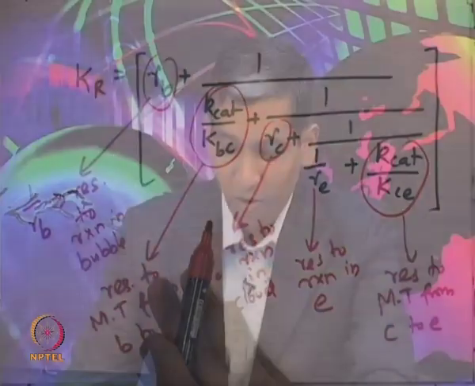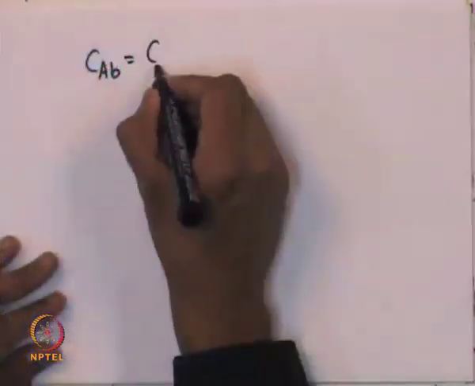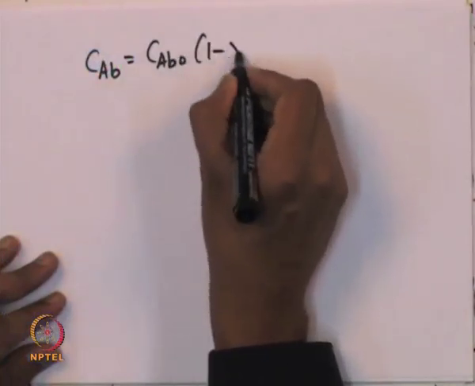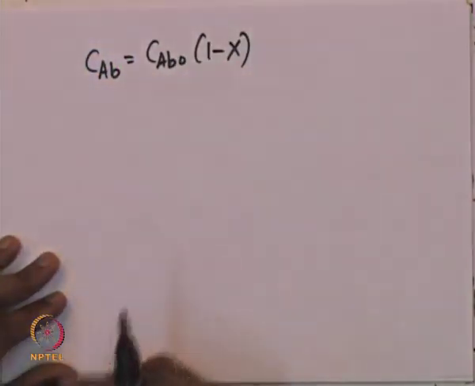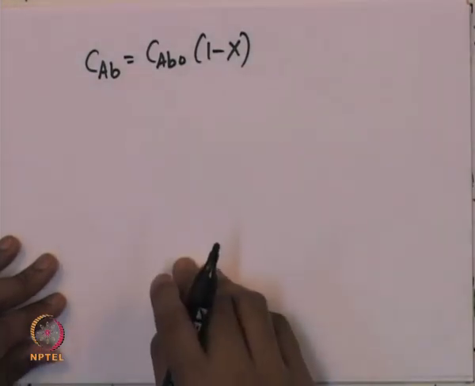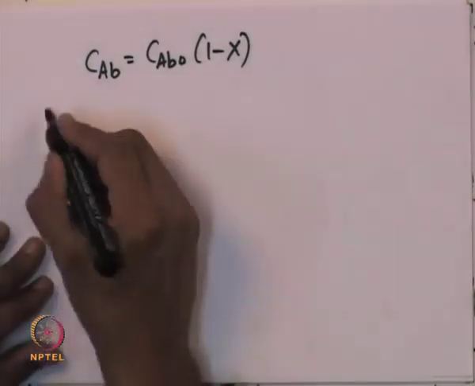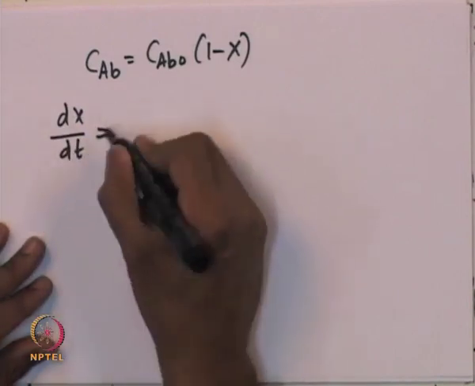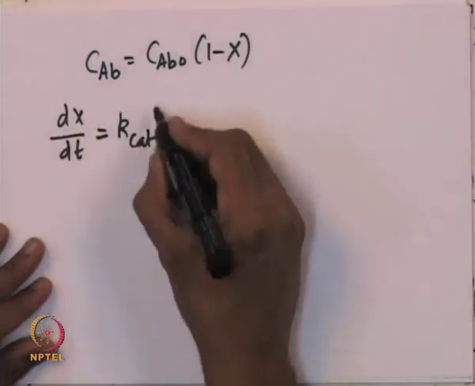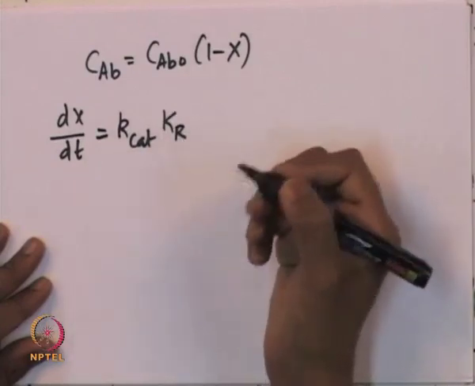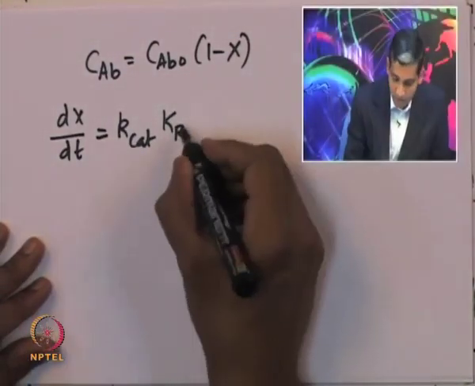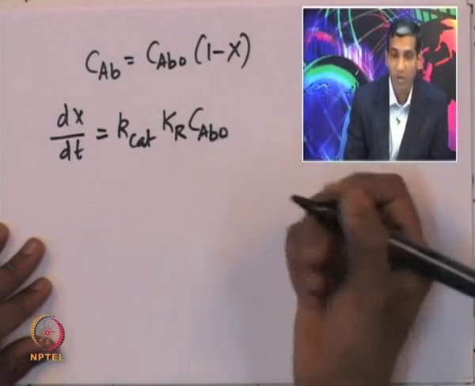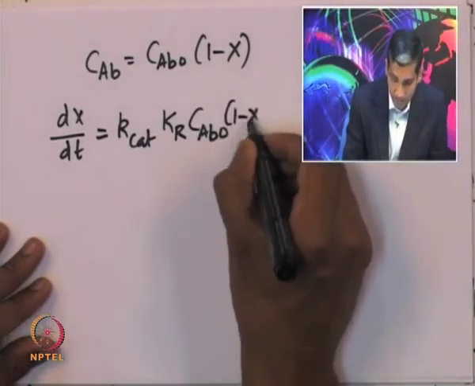So, now using the appropriate stoichiometry, we can say that C_AB is equal to C_AB0 into 1 minus x, where C_AB0 is the concentration of the species at the inlet of the fluidized bed reactor, and so we can now rewrite the mole balance as dx by dt equal to K_cat into Kr, that is the overall rate constant, which captures all the resistances which are involved, into 1 minus x.